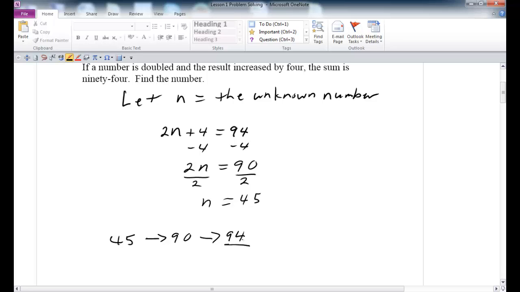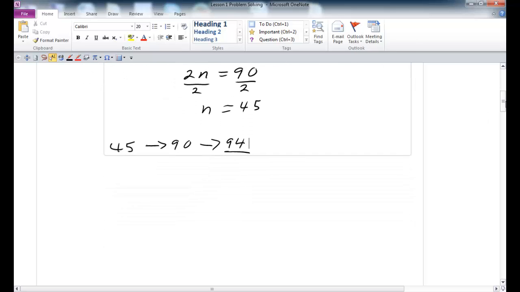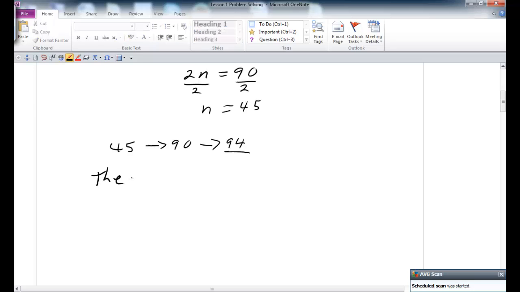Now we always finish a word problem with a sentence answer. So we should say the number is 45, and we're done. Let's try another one.